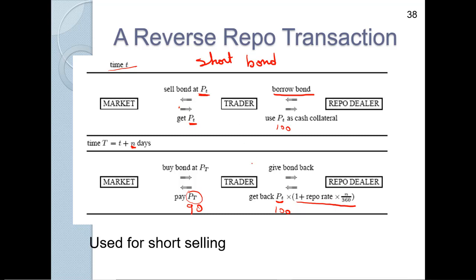So all in all, you got back a little bit more than 100 and you paid 90. So you generated a return of, this quantity here is about 100 and your investment was 90. So basically you end up getting about $10 profit. Of course, you need to account precisely for the repo rate.